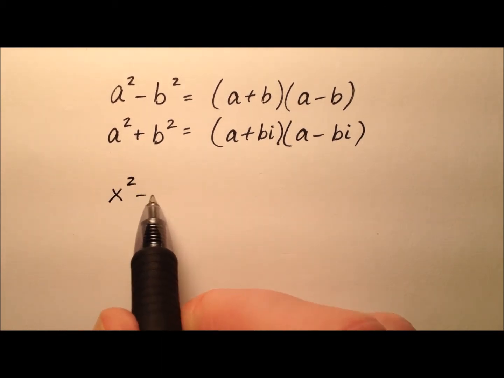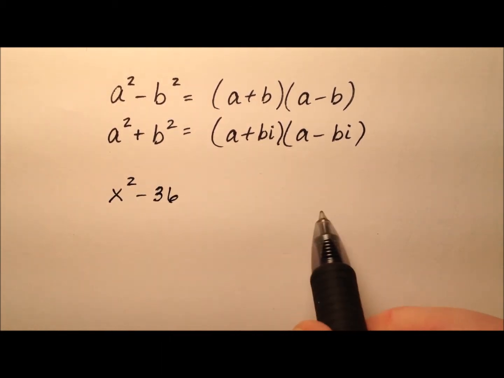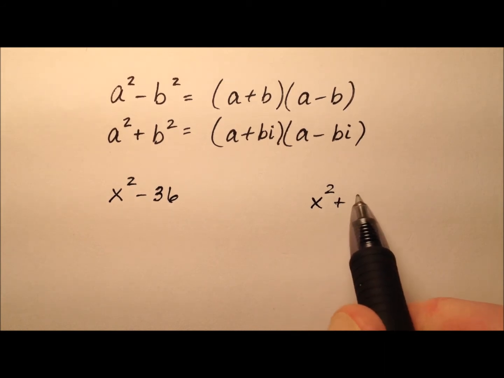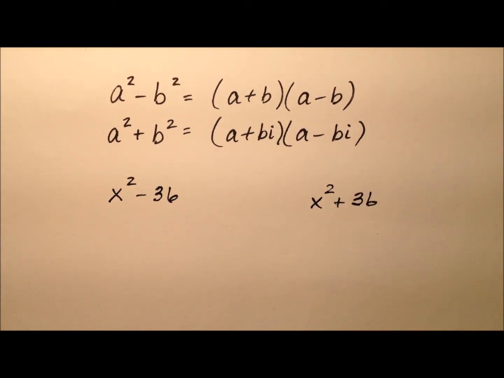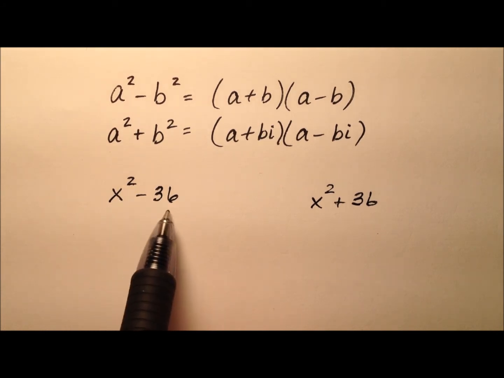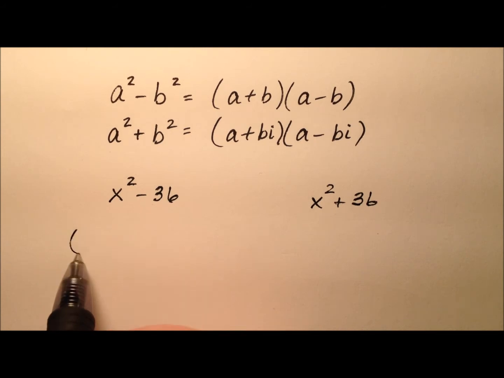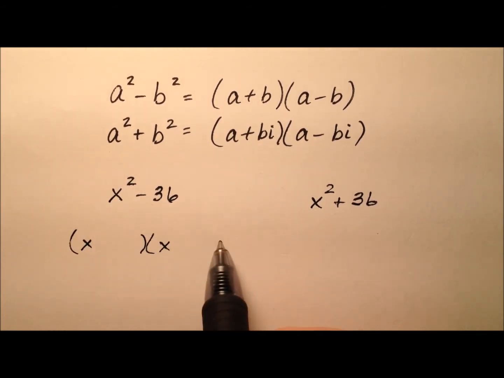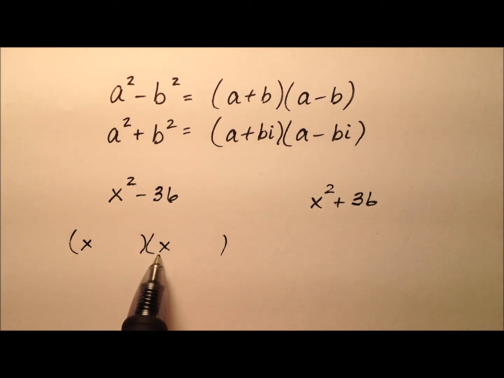We'll first compare x squared minus 36 and x squared plus 36. We know that x squared obviously is a perfect square, and 36 is also a perfect square. So the square root of x squared is just x, so we'll place those quantities here and here.